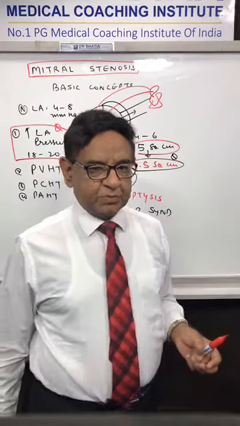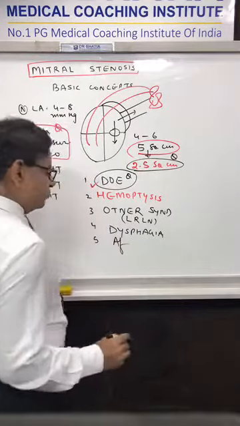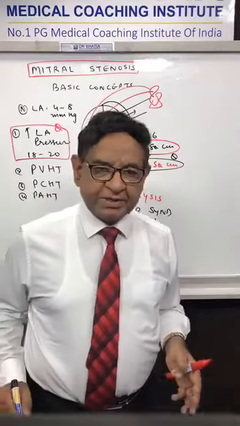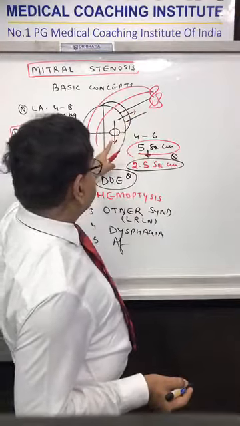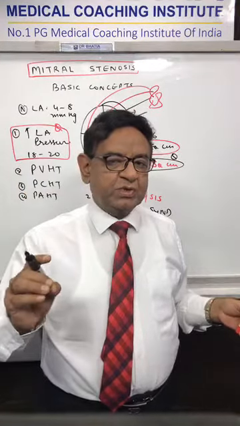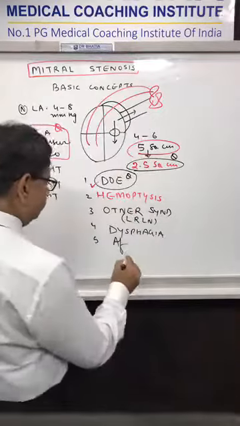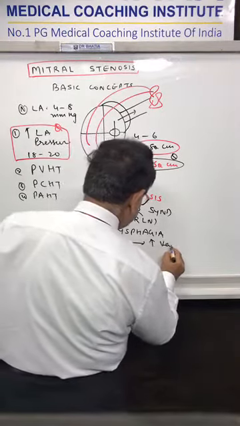This predisposes to atrial fibrillation. Once atrial fibrillation occurs, the atrial discharge rate goes very, very high, so that leads to increased ventricular rate.